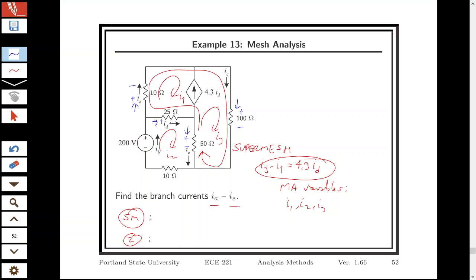So these are the currents and voltages on the resistors. So let's identify the currents. So this is I1, right? So this is I3.